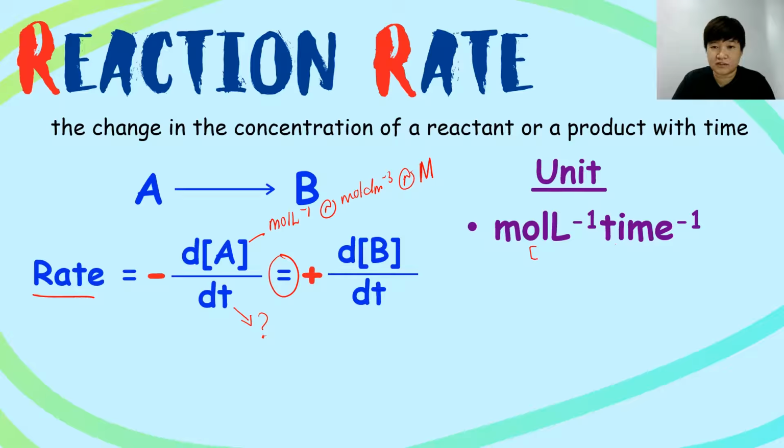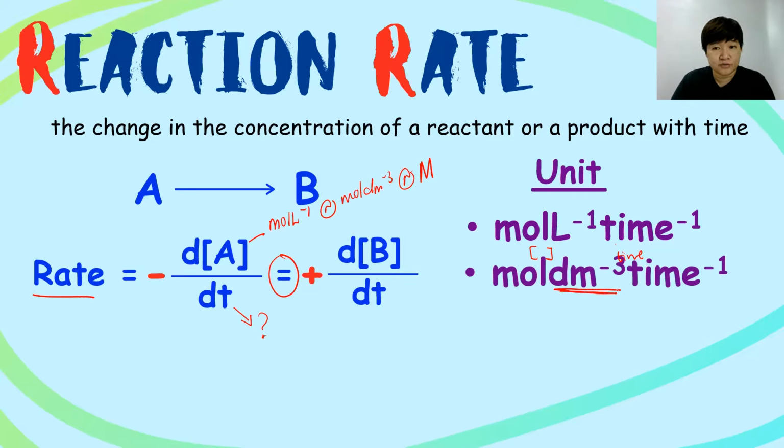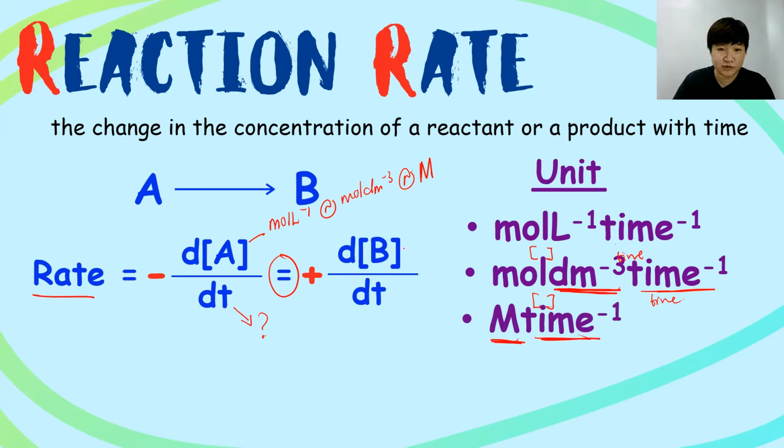That is your concentration, that is your time. Another one, other than mole per liter, can be mole per decimeter cube over time. Same, that is also your concentration, that is your time, obviously. Last but not least, it can be as simple as molar over time. So you can see that is your concentration over time, okay?